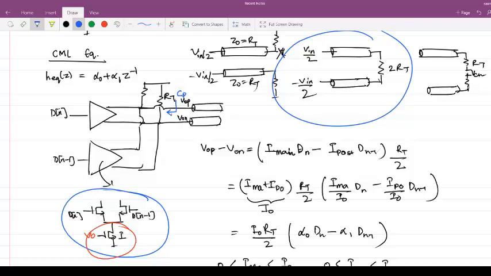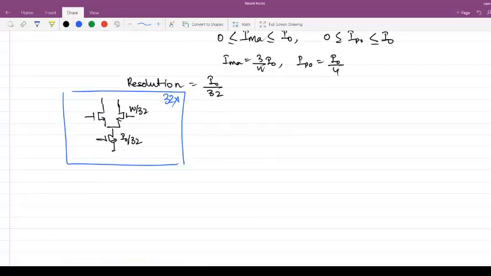You keep on increasing the number of taps, and everything becomes, for example, 32x and 32x, and more will come. So that will increase the capacitance at the output, which will again lower the bandwidth of the system. Okay. Then the other problem is that for each cell, yeah.